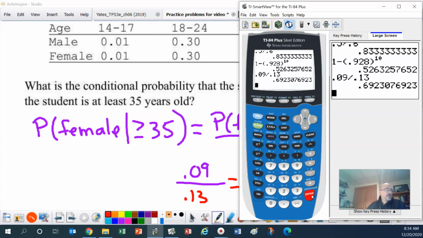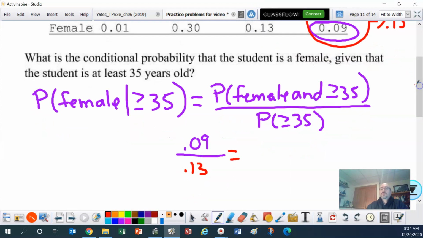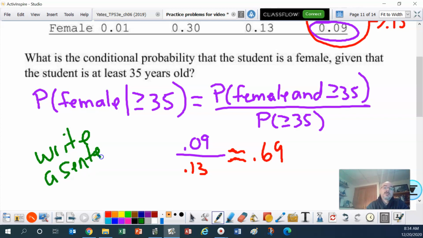And it looks like it's about 69%. So approximately 0.69. Now, if this was my test, you need to write, and on the AP test, write a sentence conclusion.